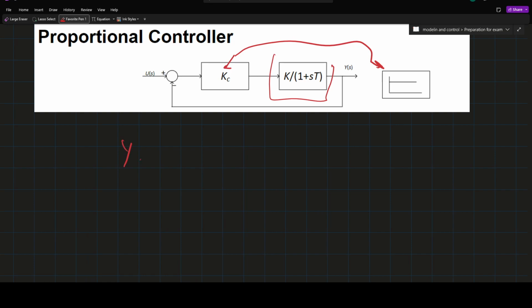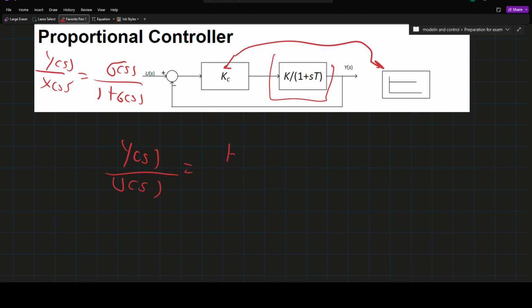We know that the closed-loop transfer function is going to be the output over the input, G over 1 plus G. Here G(s) is Kc K over (1 + τs), so for the transfer function we're going to have 1 plus this.